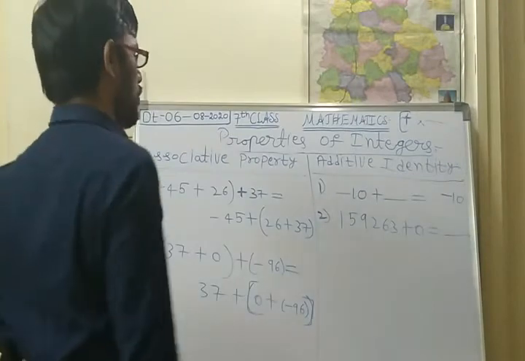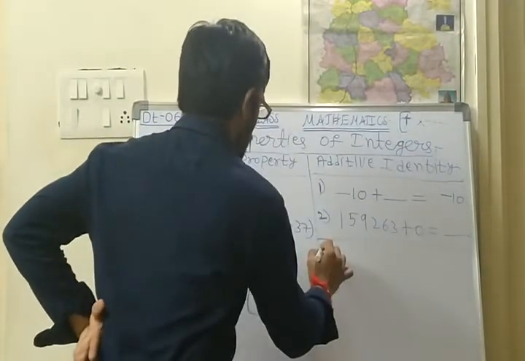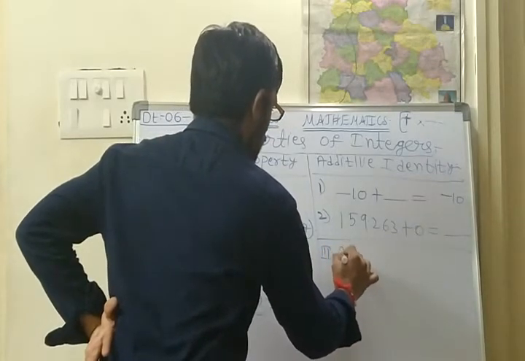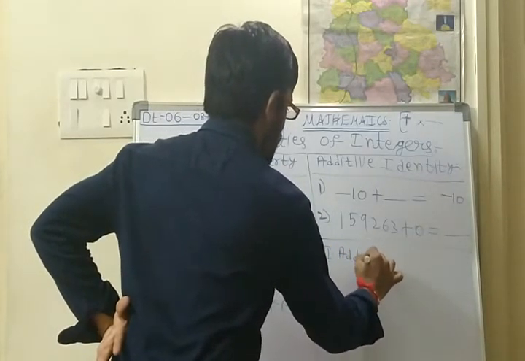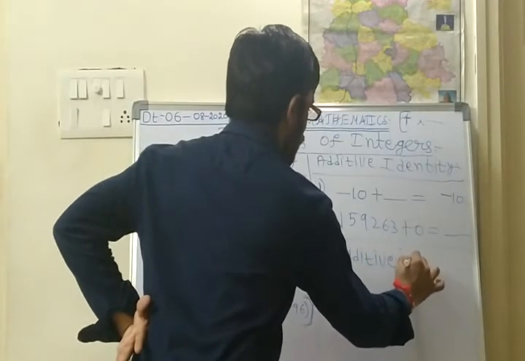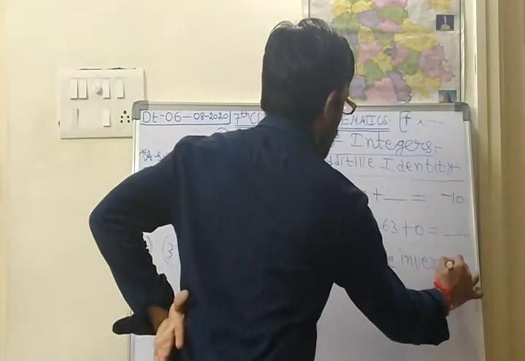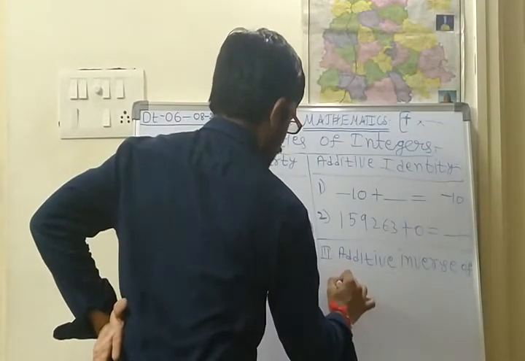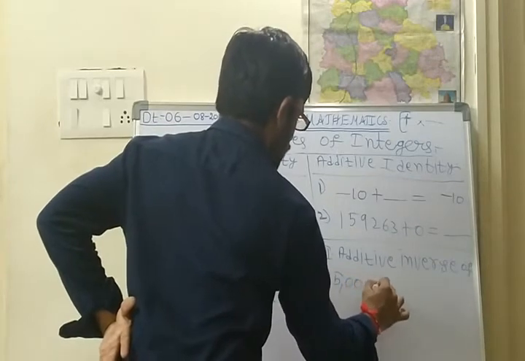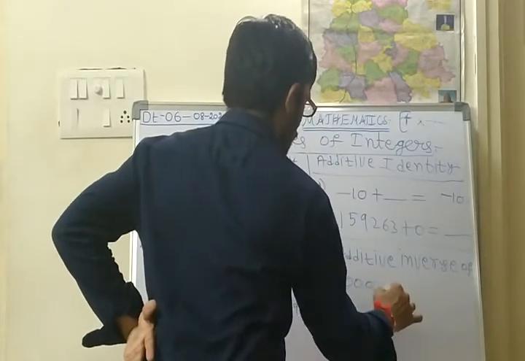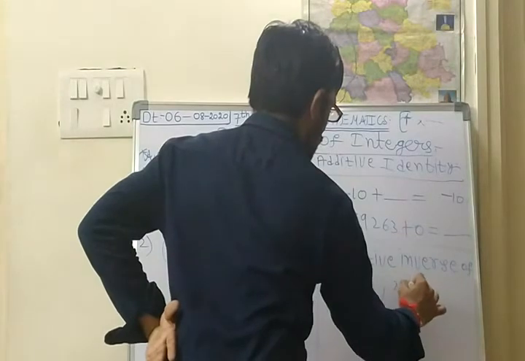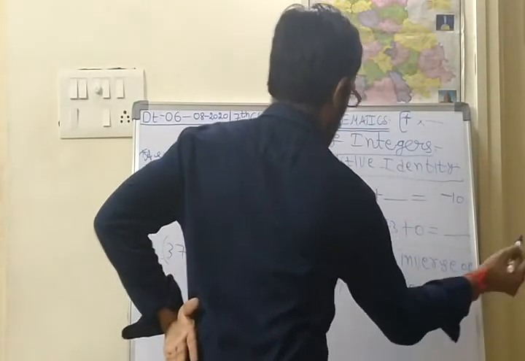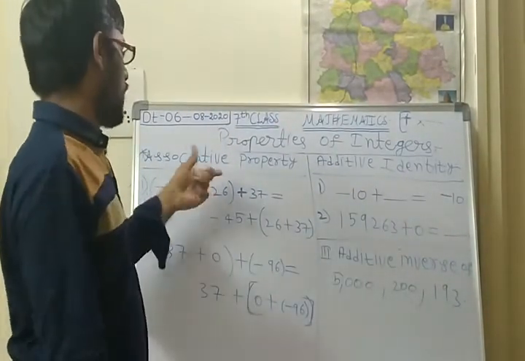This one you do. Next, the third bit: additive inverse of 5000, 200, 193.